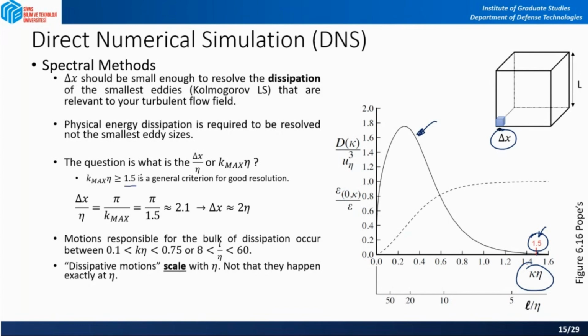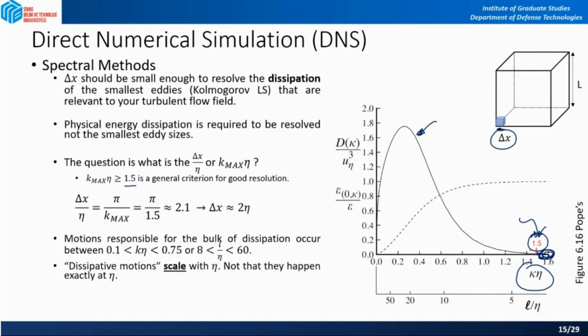It is a general criterion for good resolution. Values larger than 1.5 are really irrelevant, and you can just cut off. Let's say the cutoff criterion for us is k times eta equal to 1.5. Larger than that, it's not very important for us. You see, in here you don't have much dissipation.